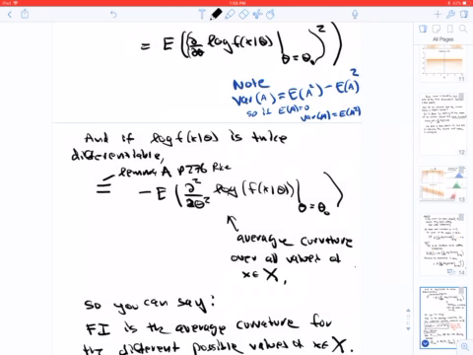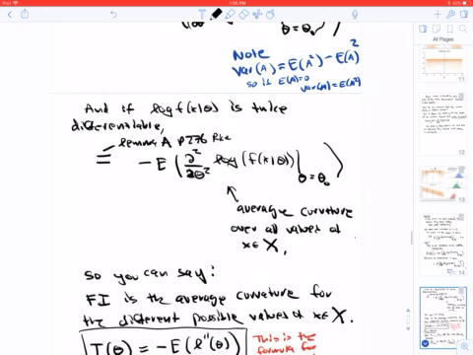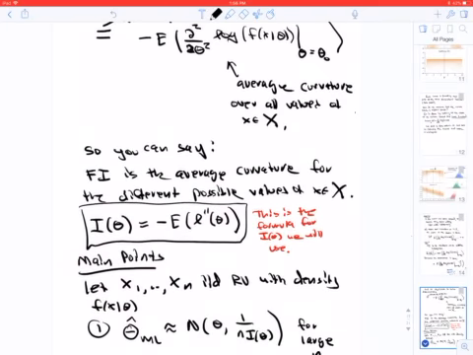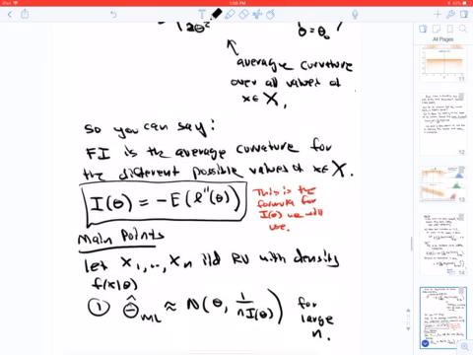which is very nice because the second derivative can be interpreted as curvature. This is sort of the most enlightening form of Fisher information, and it basically interprets it as the average curvature over all the values of x in X. So you can say that the Fisher information is the average curvature for the different possible values of x.